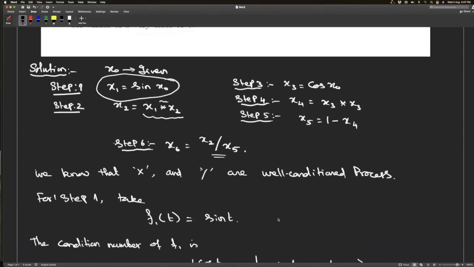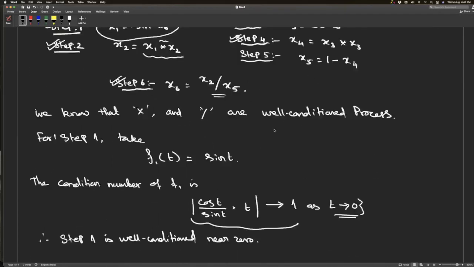So therefore, the step 1 is okay. Step 2 is multiplication, therefore it is okay, you can directly write. Step 4 is also multiplication, you can directly write. Step 6, you can directly write. Let us find the condition number for step 3.